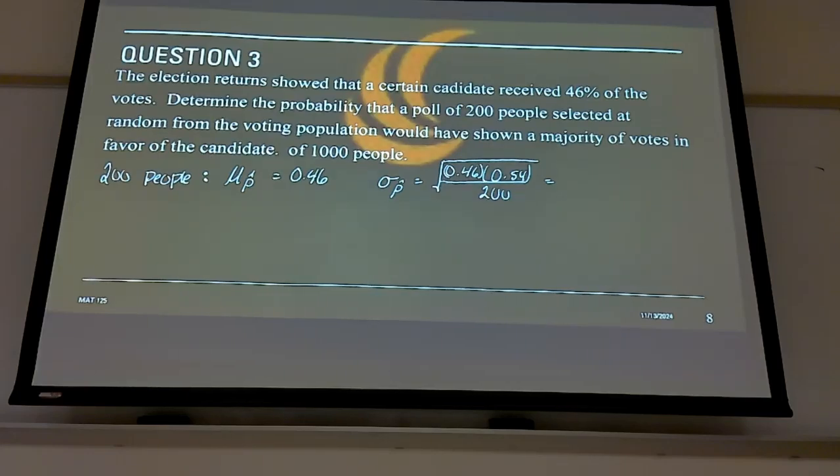I'm going to go up to 3 decimal places again. 0.035.